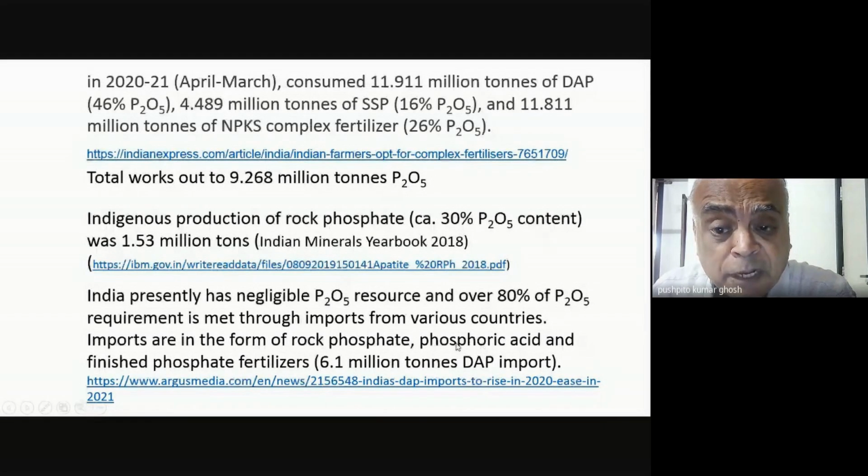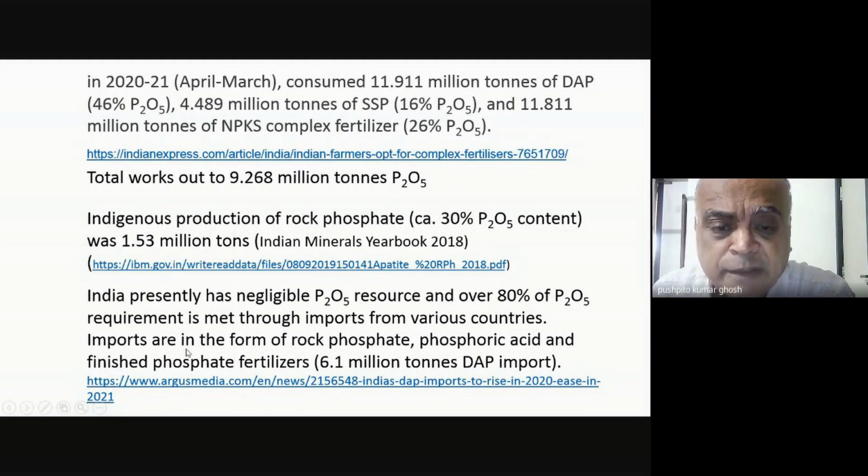A lot of people have stopped doing this, because it was at one point very cheap to buy phosphoric acid, so they were buying in phosphoric acid and then reacting it with ammonia and making ammonium phosphate fertilizers. But now the situation has got even worse.